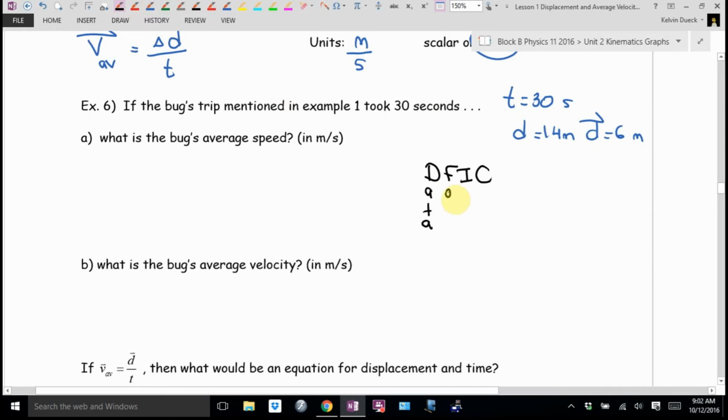Then I find a formula or an equation. Right now you only have a couple of equations, so it's going to seem pretty obvious, but by the end of the year you'll have many. I insert the data, and then I crunch or calculate the answers. When in doubt, DFIC. Probably you'll get good enough at these questions that you can skip some of these steps.